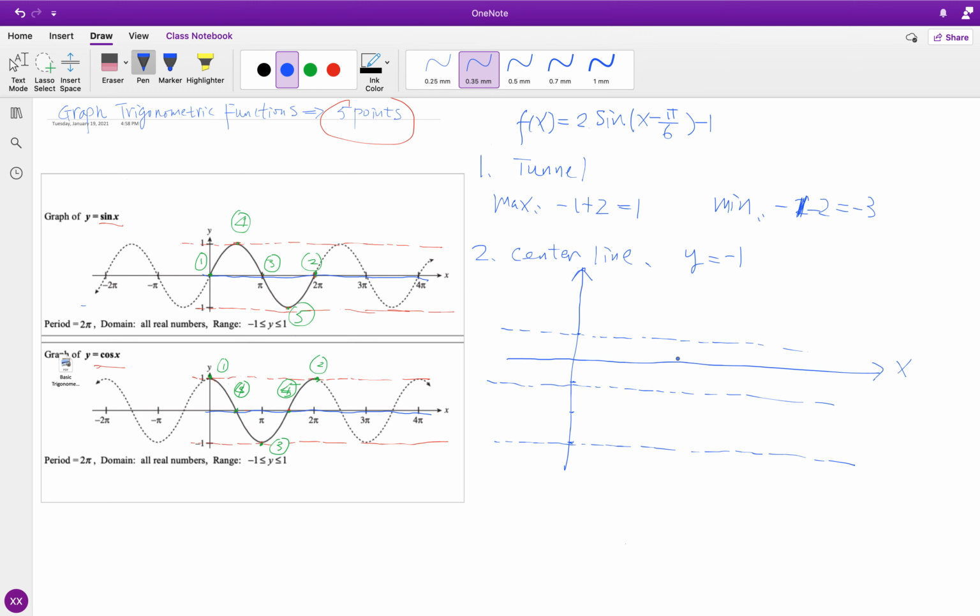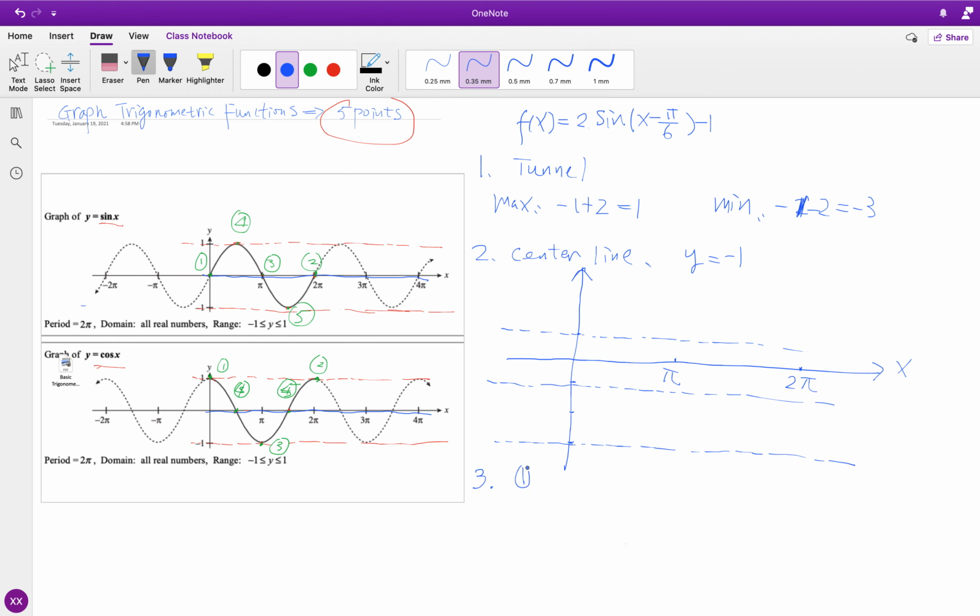So now let's take a look at this. This is my pi here, this point, 3.14. And here is my 2 pi, 6.28. All right, so they're just numbers. Now I started to plug my 5 points.